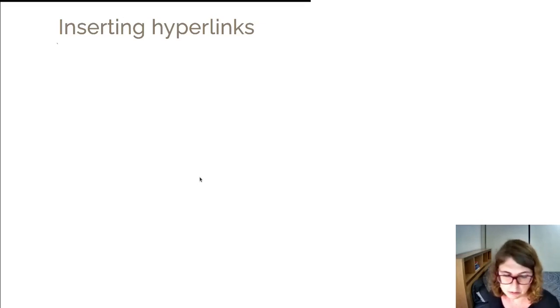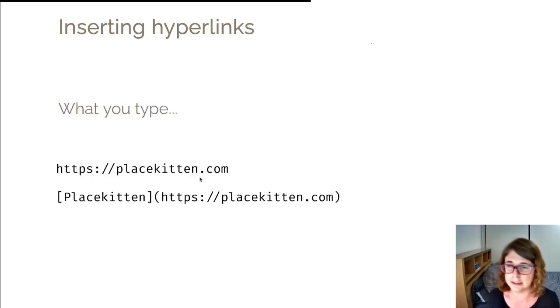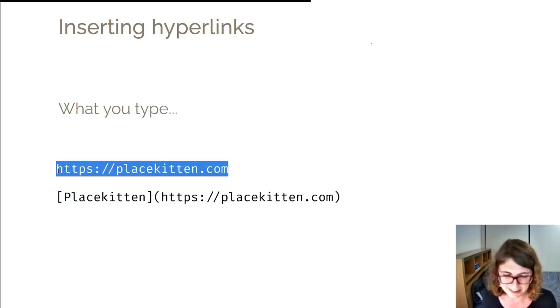A really common thing that you will want to do when creating documents of any kinds is insert hyperlinks, like links to websites, and you can do this just simply by typing in the URL itself. If you do that, almost every Markdown interpreter is smart enough to know, hey, if it's a website, it should be a link.